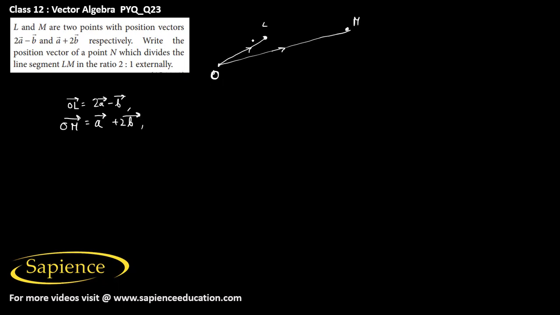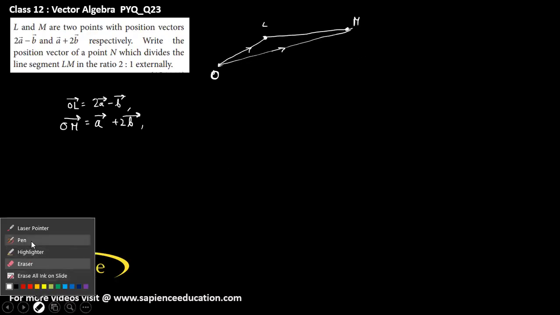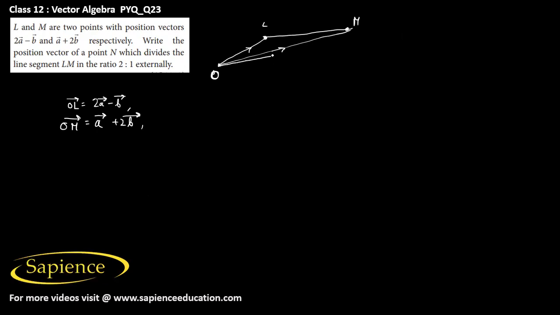Then we have to find the position vector of a point N which divides the line segment LM in the ratio 2:1 externally. You have to find the position vector of some point N which divides LM in the ratio 2:1 externally.